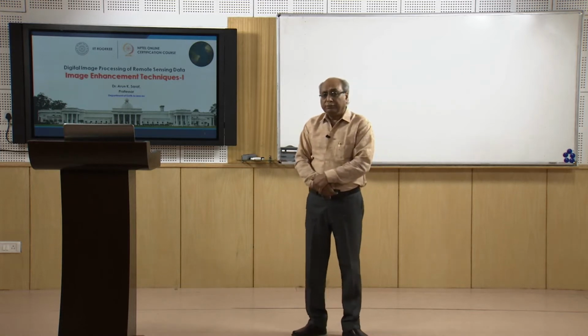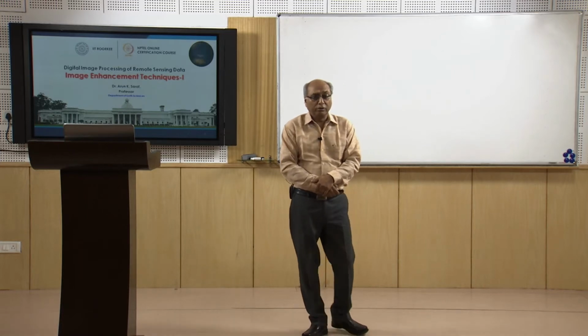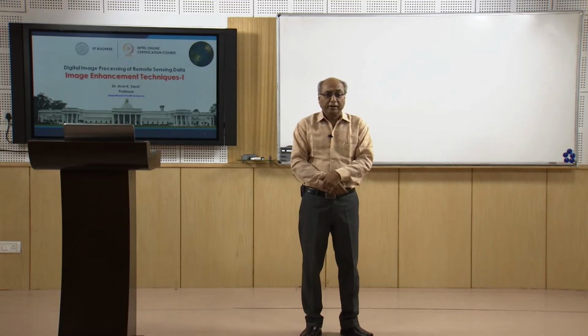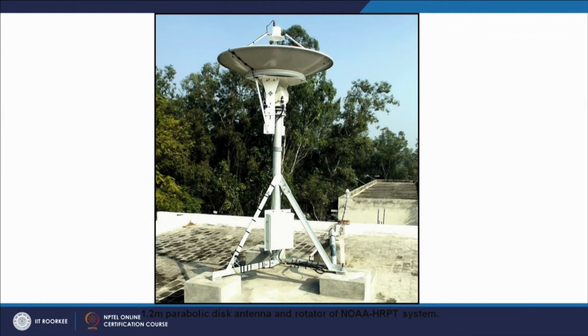For data acquisition, you require a satellite earth station on the surface of the earth, with a rotating or tracking antenna. This is the example of a NOAA AVHRR satellite station at the Department of Earth Sciences, IIT Roorkee, and we have been running this earth station since October 2002. This is the external component of the earth station.